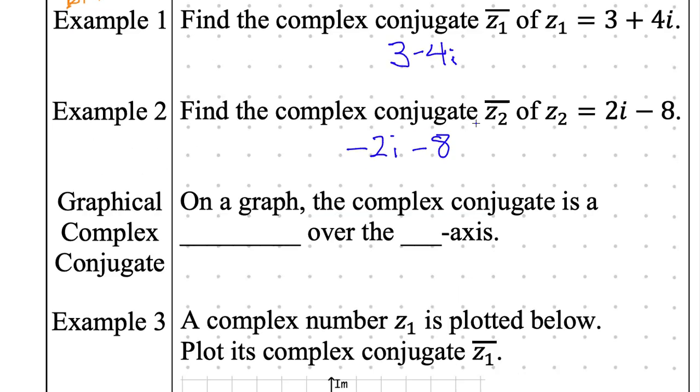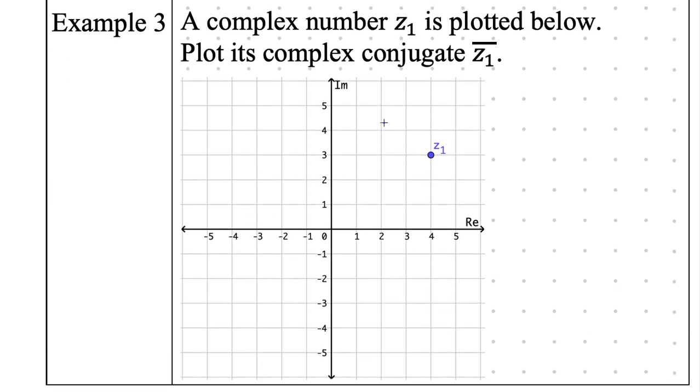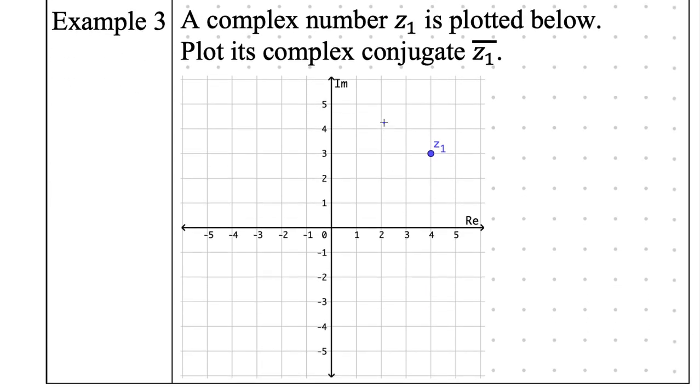All right, so on a graph, you're going to do what over the what axis? So let's come down here to example 3. Is there a quiet raised hand that can tell me what this complex number is? James, go for it. 4 plus 3i. Thank you, James. 50 XP to yourself.